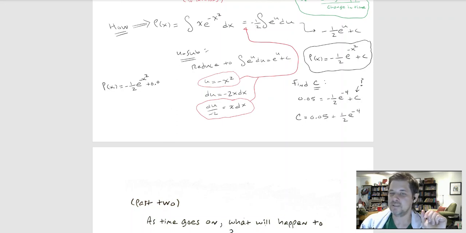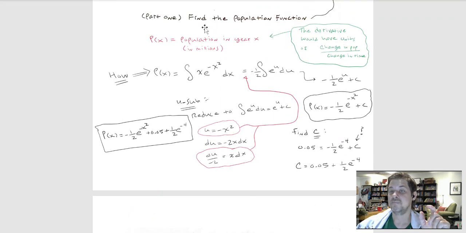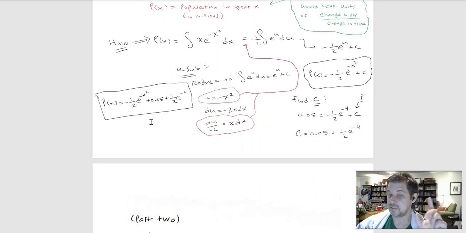Nonetheless, it is what it is. Okay, it's 0.05 plus 1/2 e to the -4. So that will be my final answer for the question as desired, to give a population function, a function that tells me the population at any time.